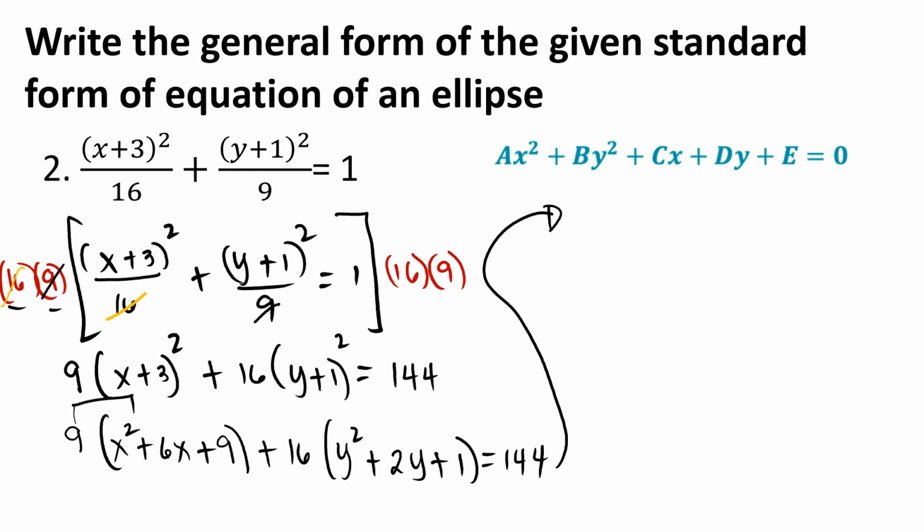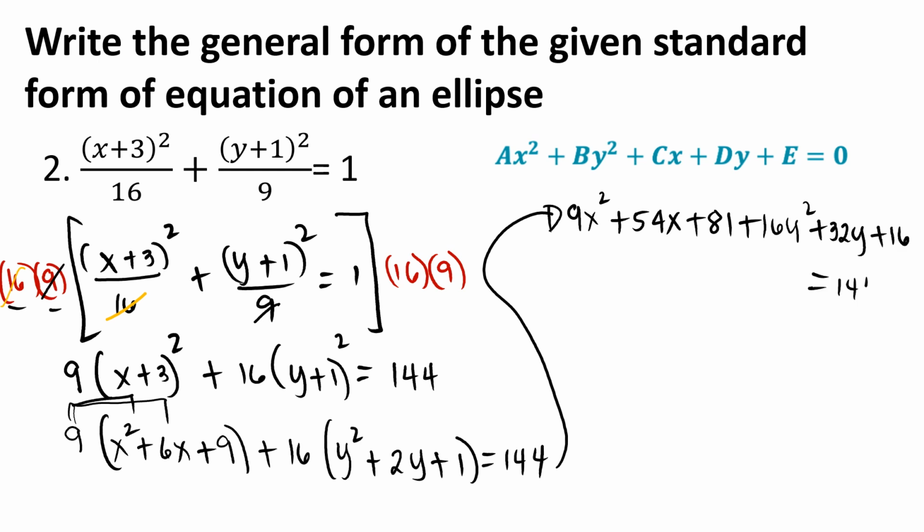So 9 times x² will be 9x², plus 9 times 6x will be 54x, followed by 81, and then plus 16y², plus 16 times 2y will be 32y, plus 16. Okay, so far it is equal to 144.